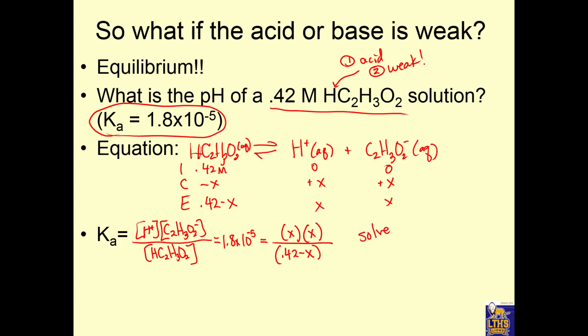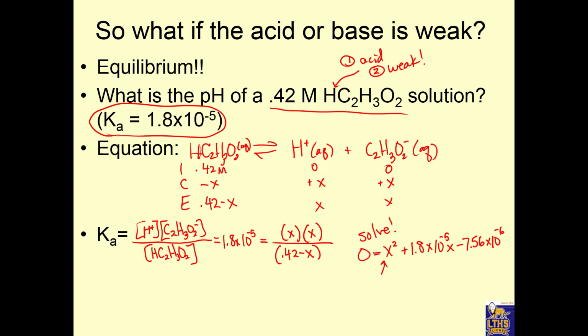Okay, now we solve this. Right? And we'll find out that we get x squared plus 1.8 times 10 to the negative fifth x minus 7.56 times 10 to the negative sixth. Okay, so now we can use a quadratic solver.